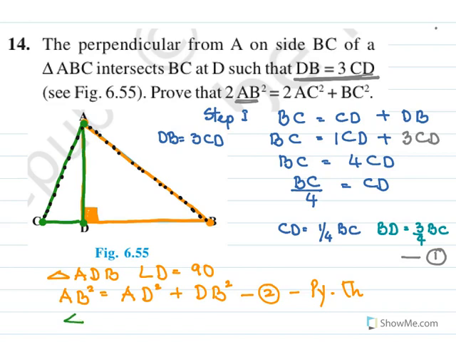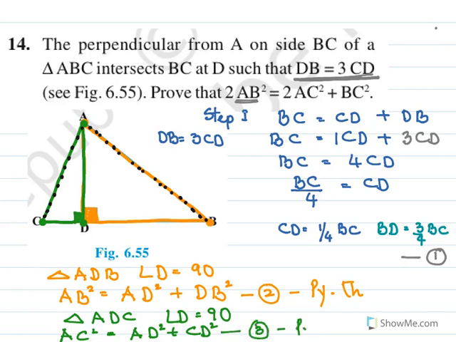So in triangle ADC, we always require 90 degrees for Pythagoras. D, you've got to indicate your 90 degrees. D equal to 90. So we have AC square equal to AD square plus CD square. This is equation 3 by Pythagoras.